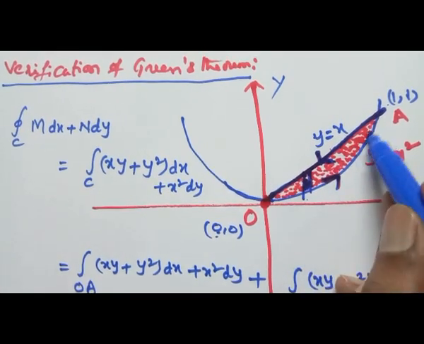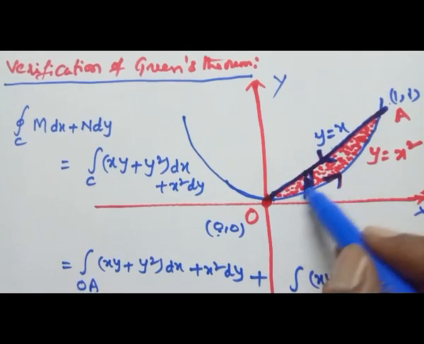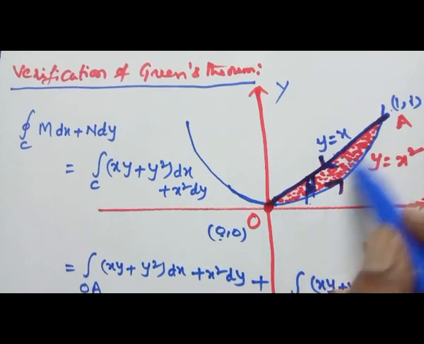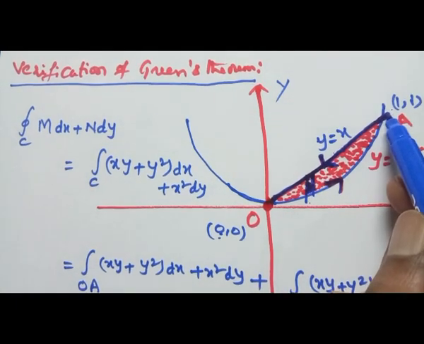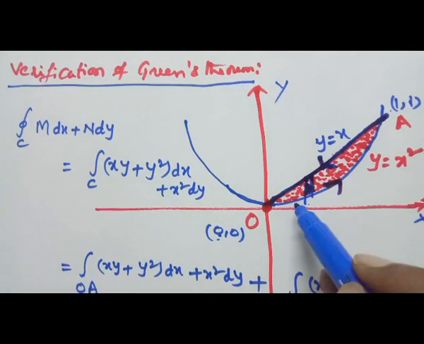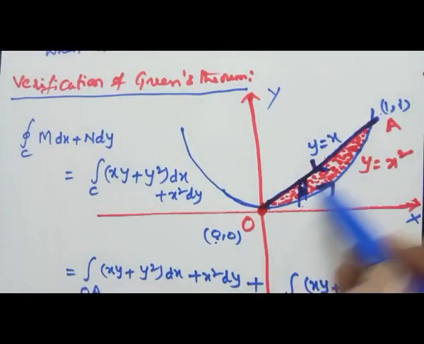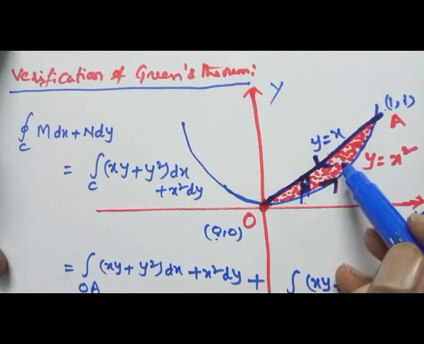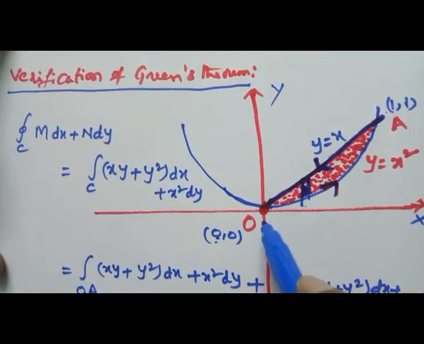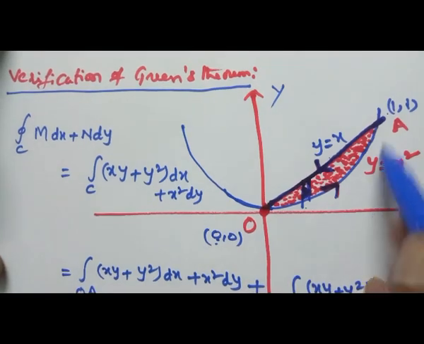To cover this region, we have to slide this elementary strip from the origin to this point A. So x has to move from 0 to 1.